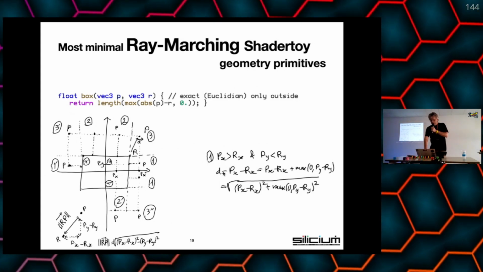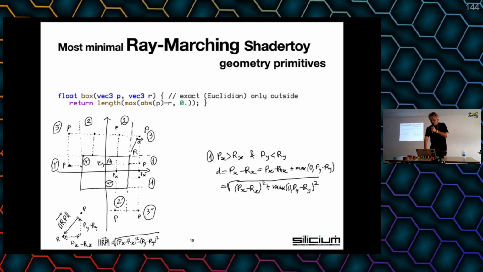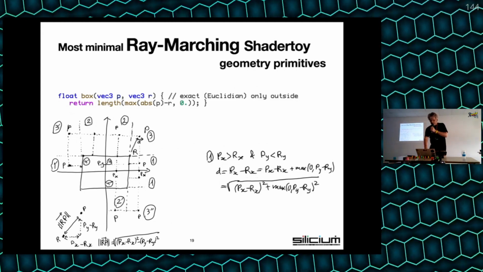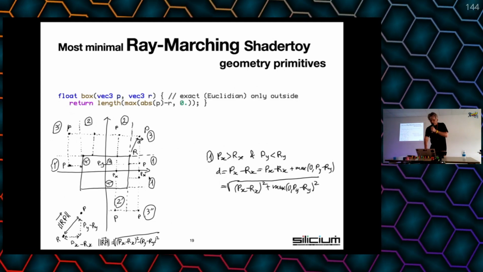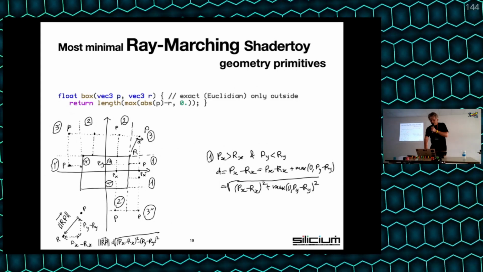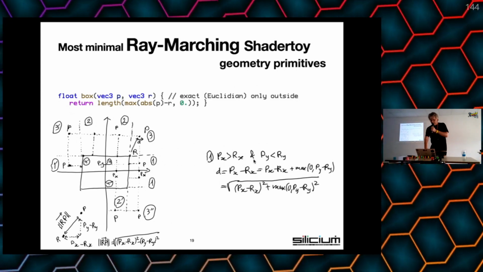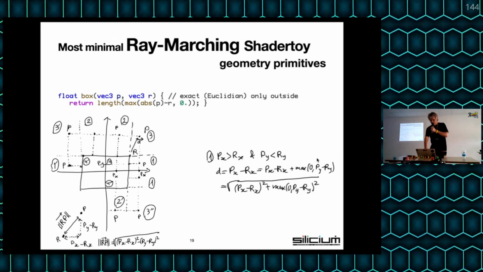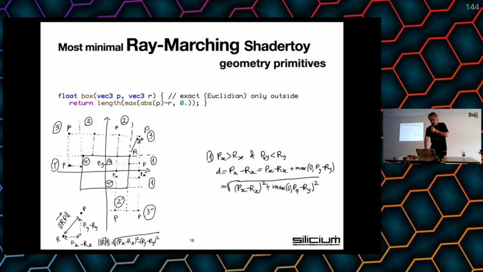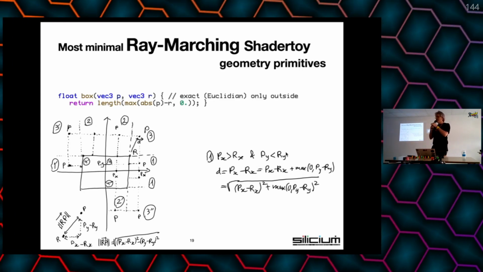That means that when I am in this case, the distance is going to be this case. This is the winning case, not the one along y, which means that if I also take py minus ry, it's going to be a negative number.